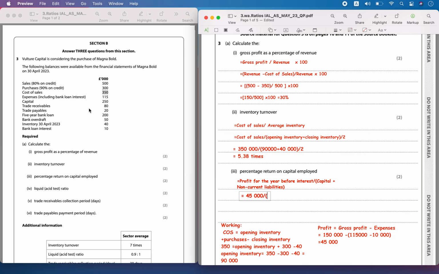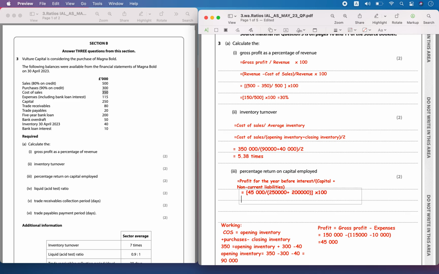Capital is 250,000 plus non-current liabilities, which is the bank loan of 200,000. Let's calculate this, and since this is a percentage return on capital employed, you will have to multiply it by 100.